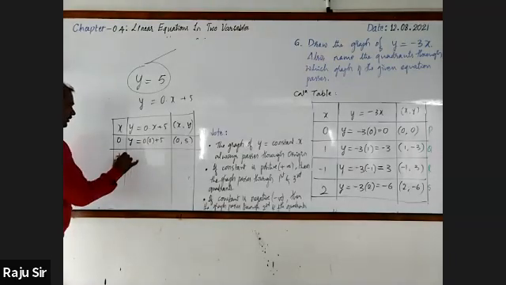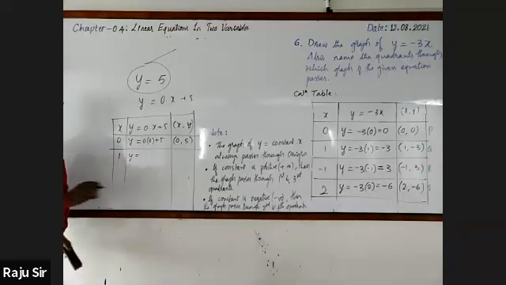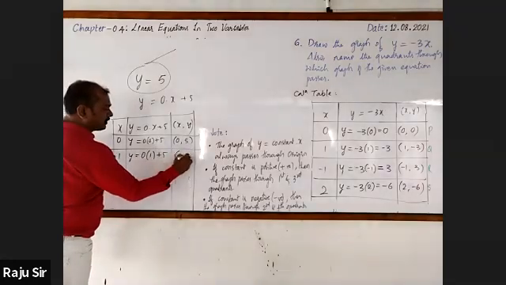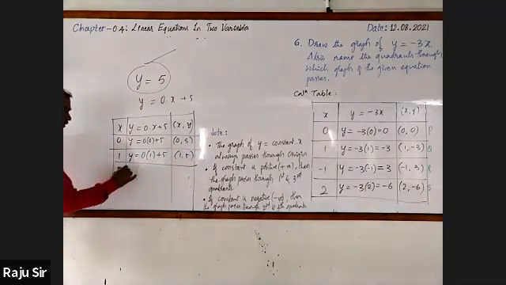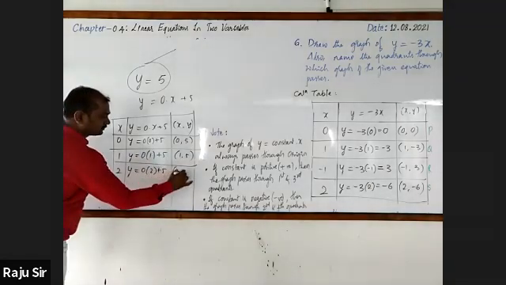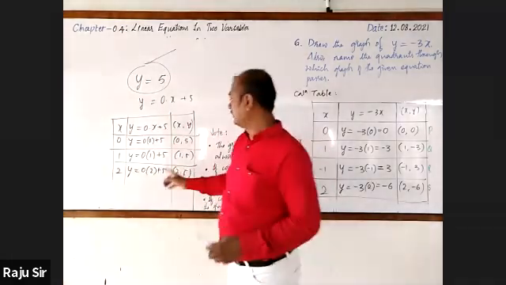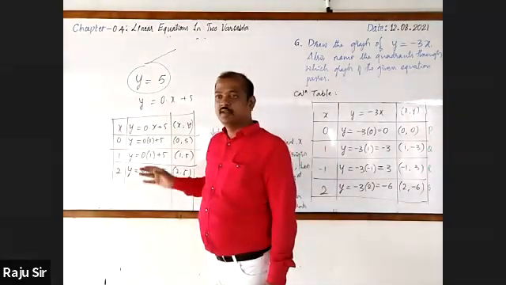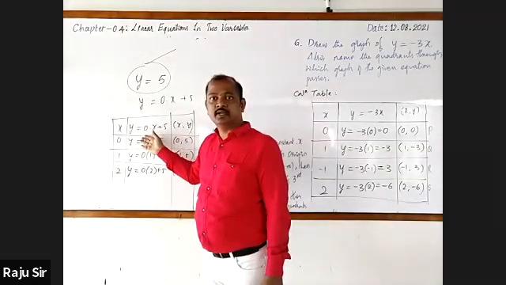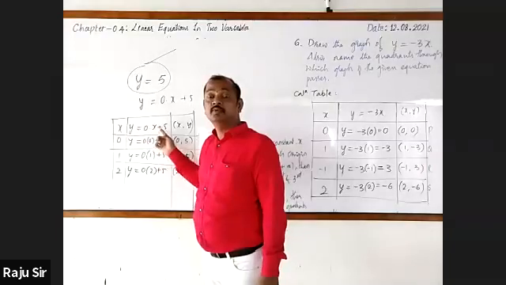I'll take 1. y is equal to 5. 1 comma 5. Then 2 comma 5. If I take 10, 10 comma 5. Since x is multiplied by 0, it gives 0.